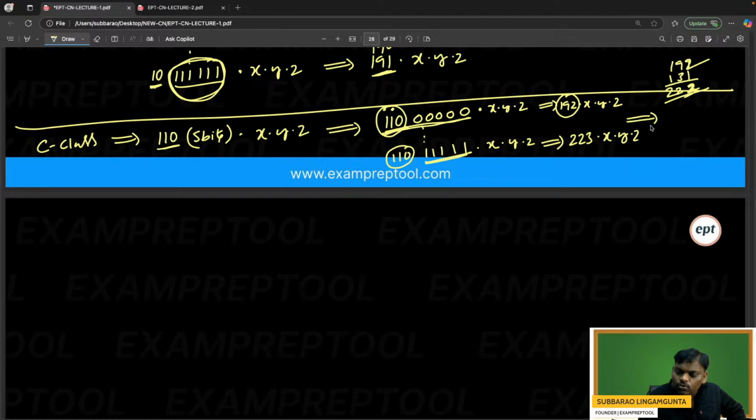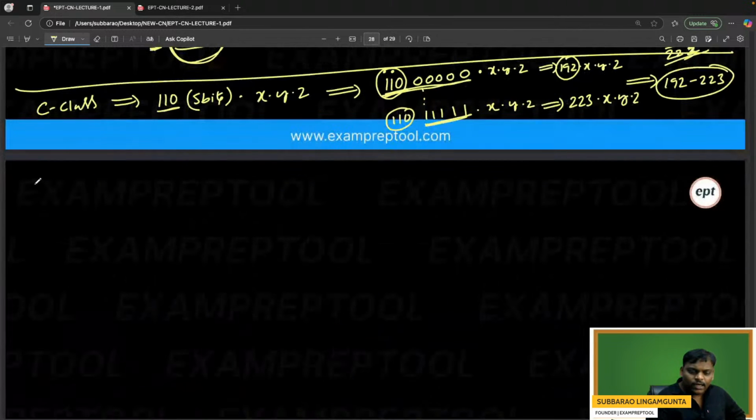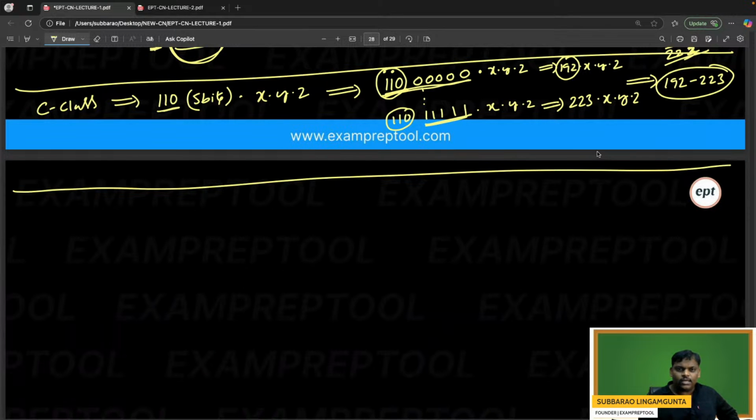So if an IP address has its first octet from 192 to 223, the first octet is going to be class C. I think you almost have clarity.